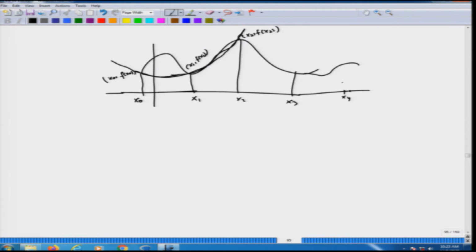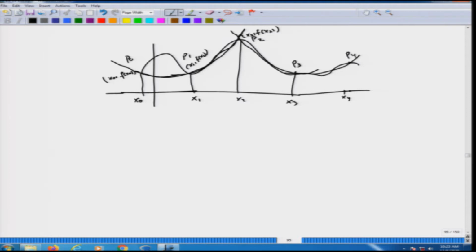So, these 3 points. And we can have another parabola like this. As you can see, first we have gone from this point P 0, this point P 1, P 2. Then next we are going to have P 2, P 3, P 4.